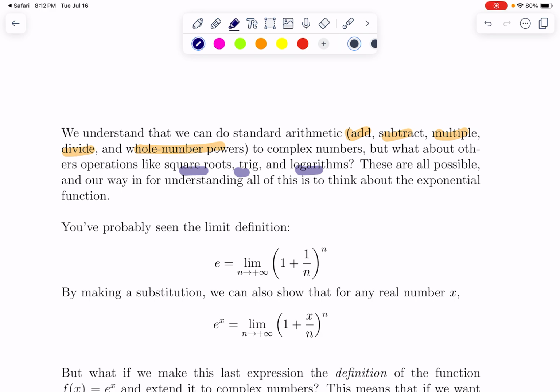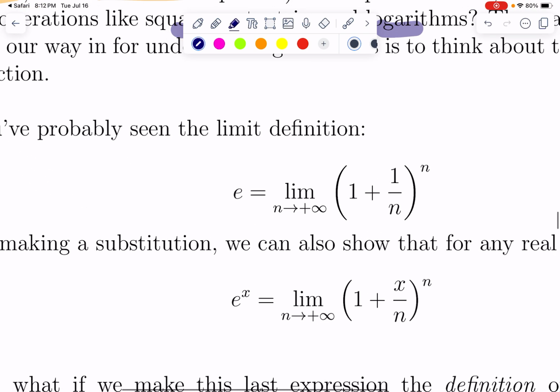And let's think about e. So something you've probably seen is that this is the limit definition of e. If you want to know where e came from, one of the answers to that question is you do this computation where n gets bigger and bigger and bigger, you run a limit, it comes out to some number about 2.718, and by definition, we call that limit the number e.